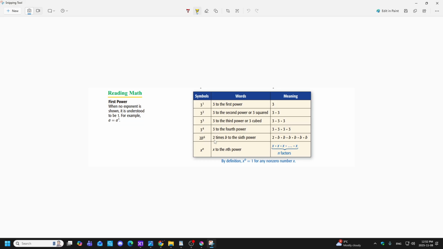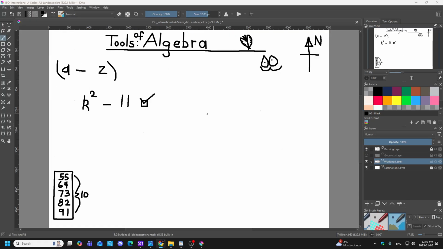Take note that the power of 6 belongs to the variable b, not to the whole number 2. Therefore, 2 times b to the power of 6 is 2 times b times b times b times b times b times b. X to the nth power. Remember, numbers are infinite. Great job.